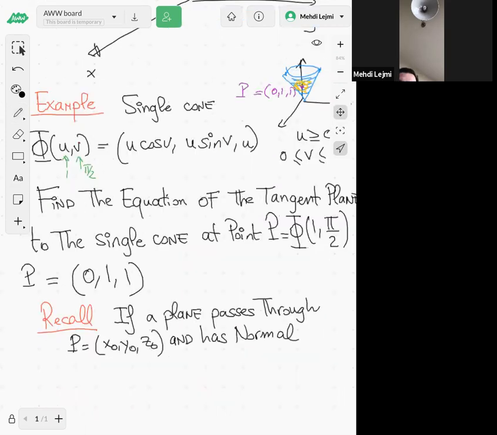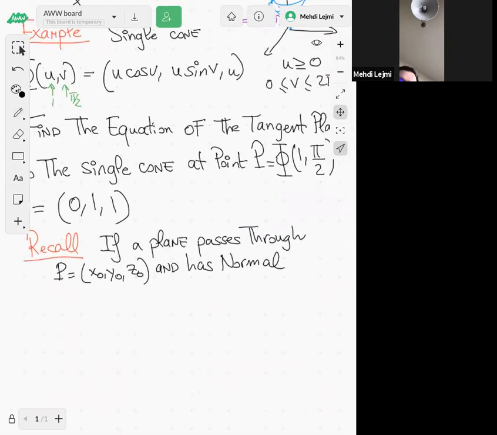I guess in Calc you computed the equation of planes. So in this case, it has normal vector, let's say n, given by a, b, c.